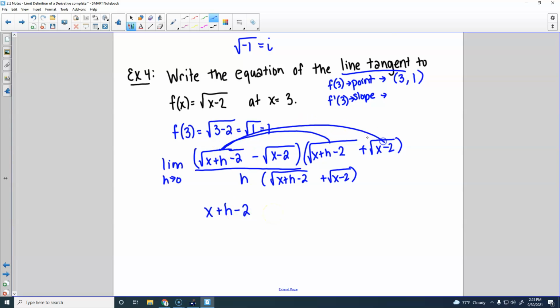We'll do the outside and the inside, but what's going to happen to the outside and insides? They cancel. And then we just have to multiply the last two, which is going to cancel the square root. But it's minus, so put parentheses around this, because you still have to apply that minus to both terms there. And then don't multiply the bottom together, just keep it like it is.